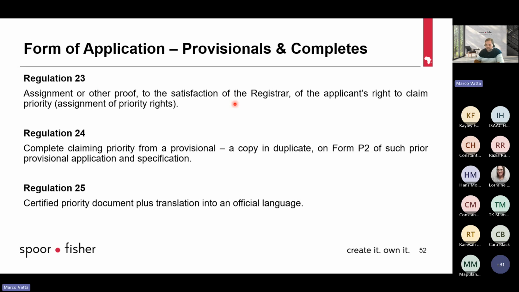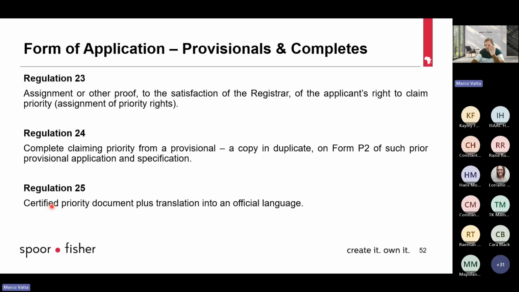Regulation 24 says that if you're filing a complete patent application that claims priority from a provisional application, you need to file a copy of the provisional specification with the application if it is a South African complete that claims a South African priority. Where it is a South African application that claims priority from another country, you need to file a certified copy of that priority application in terms of Regulation 25.